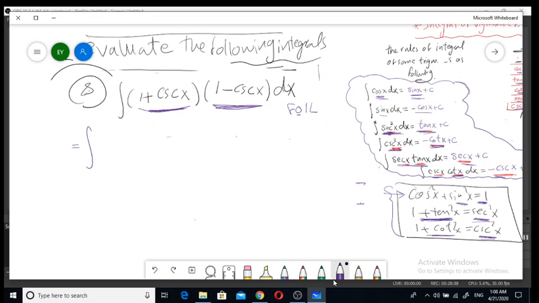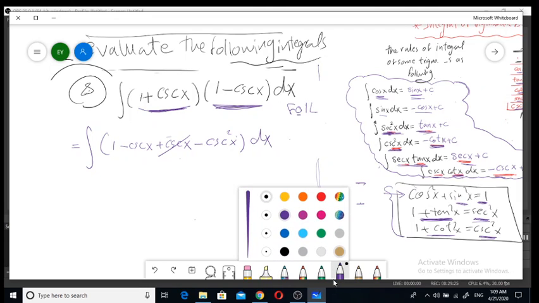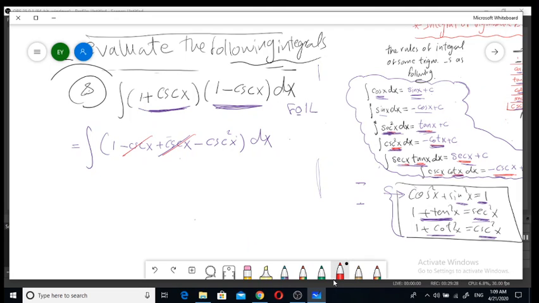So we have the integral of 1 times 1, which is 1, 1 times negative cosec x, negative cosec x, cosec x times 1, plus cosec x times negative cosec x, negative cosec squared x, with respect to x. And then easily we can simplify: cosec x cancels with negative cosec x. So we have an integration of 1 minus cosec squared x dx.